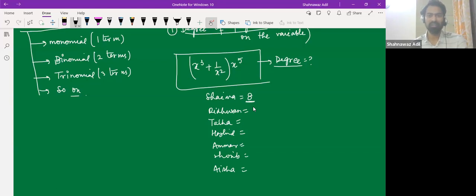Guys don't remember. So Harshit is also saying that this is a polynomial, right?